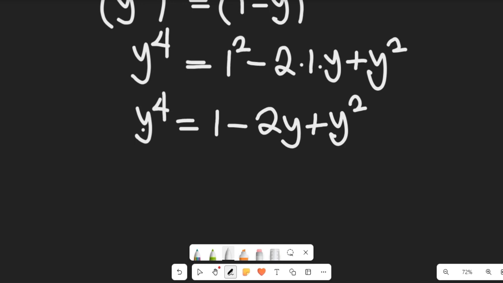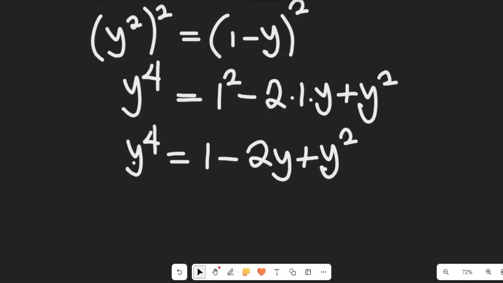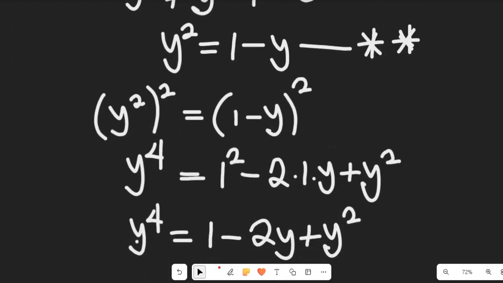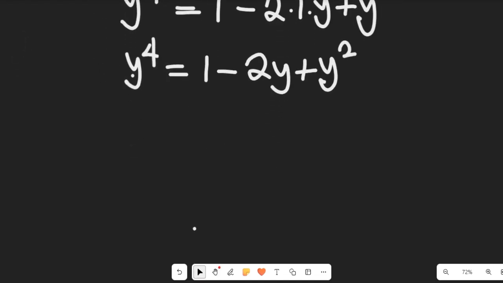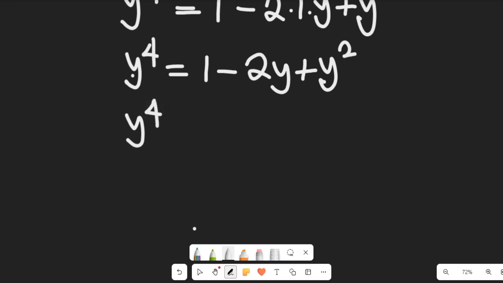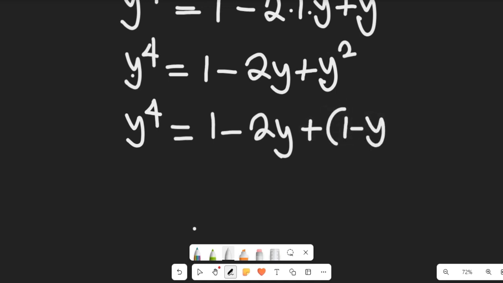Great. Now, look at that expression very well. Recall that we have an expression earlier on. From that unique expression, we found out that our y squared is 1 minus y. So we're going to input it there for the value of y squared. So this is going to give us y to the power of 4 equal to 1 minus 2y plus 1 minus y. Good.